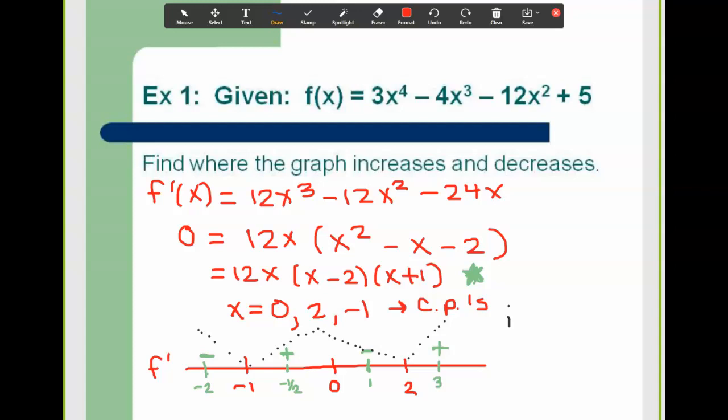It increases where the derivative is positive, so negative 1 to 0, and 2 to infinity. And it decreases where the derivative is negative, so negative infinity to negative 1, and 0 to 2.